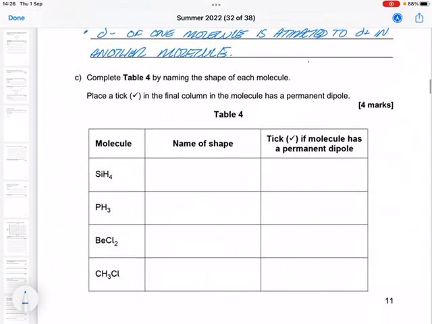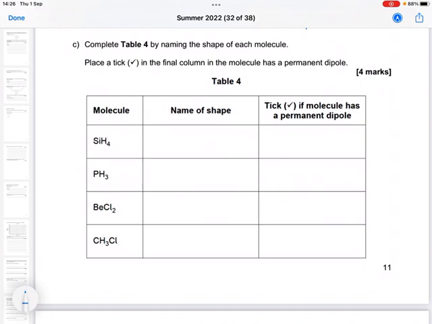Okay, C. Complete the table by naming the shape of each of the molecules and then state which has a permanent dipole. Okay, right, so let's just work these through. So silicon's below carbon in the periodic table. Make sure you've got your periodic table when you're doing these. So that is group 4, and then I'm adding 4 hydrogens that provide 1 electron each. So that's 8 electrons in the outer shell, which is going to be 4 pairs, and I've got 4 bonds, so that is going to be tetrahedral.